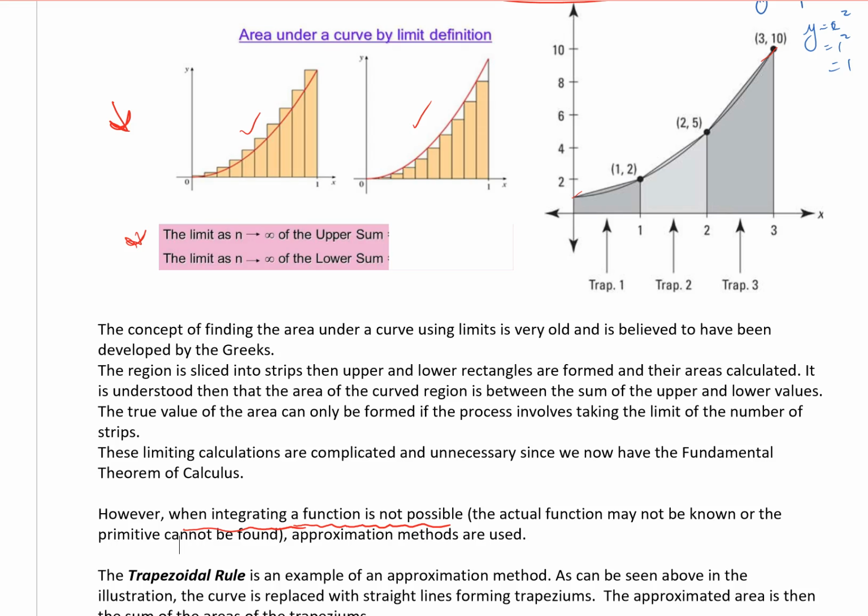Obviously here in this example, if we calculated the area of each one of these trapeziums and added it all together, we would have our approximation for the area under this curve from 0 to 3.